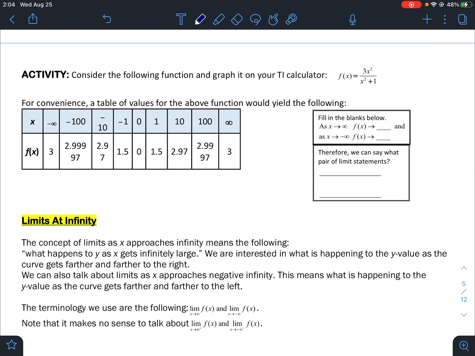All right, so let's take a look at the following function, 3x squared over x squared plus 1. If you have your graphing calculator handy, let's go ahead and put that into y1. Make sure that you put parentheses around 3x squared and parentheses around x squared plus 1.